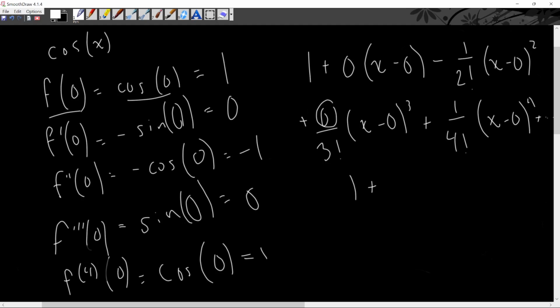We're going to try and establish a trend and then apply it to all future values. So we have 1 plus, just so that we can see this general term slightly easier, I'm going to leave it in factorial form, x squared over 2 factorial. And then the 0 times x minus 0 cubed over 3 factorial will just be 0, so we ignore that, and we have x to the fourth power over 4 factorial, and then on and on.